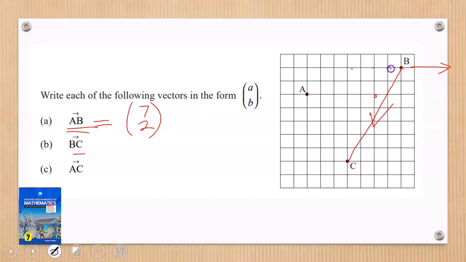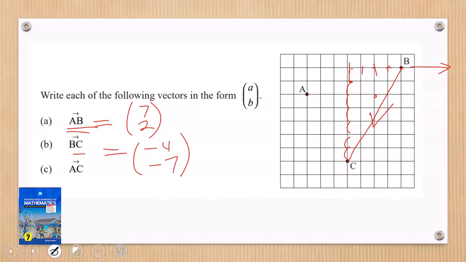So I move backwards 1, 2, 3, 4. That is -4, so I'm going to start with -4. Then I move down 1, 2, 3, 4, 5, 6, 7. -7 as well. That means (-4, -7) will take me to C from B.